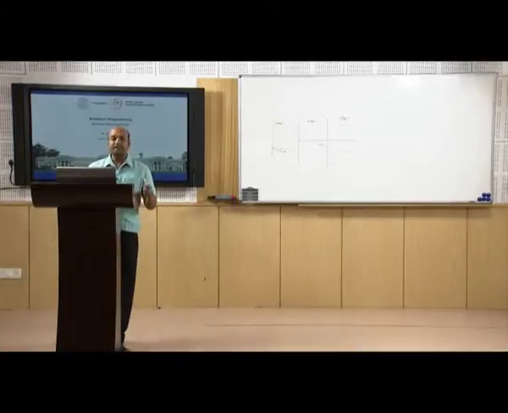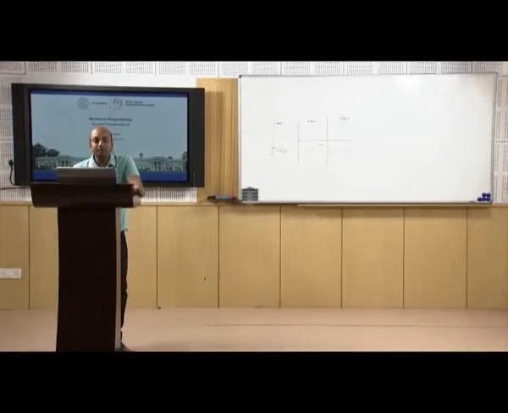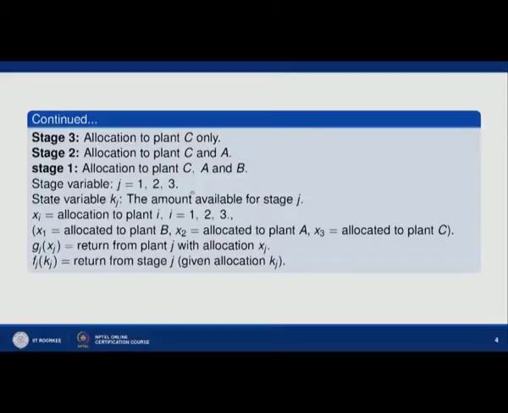Now we define the stage variable j as 1, 2 and 3. Then the state variable is kj, where kj means the amount available for stage j. Now xi is the allocation to plant i.